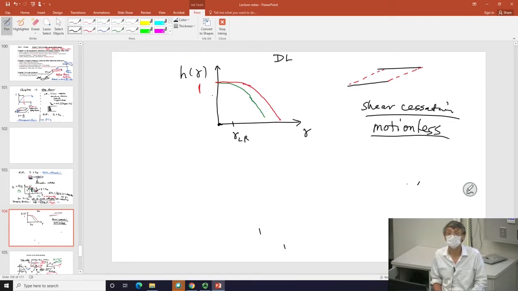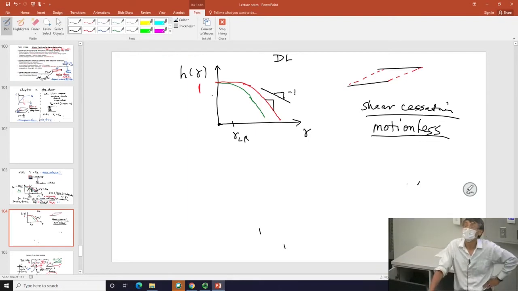Very remarkable. Double log scale. You find this slope. Let me do it differently so you know what I mean. I'm exaggerating. This is a slope of -1.